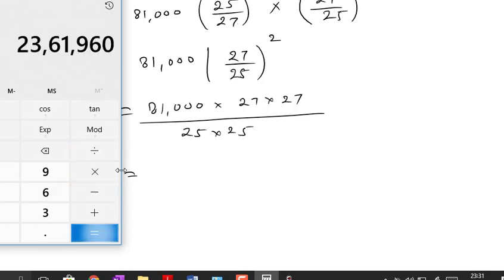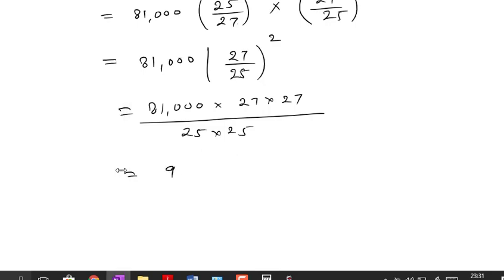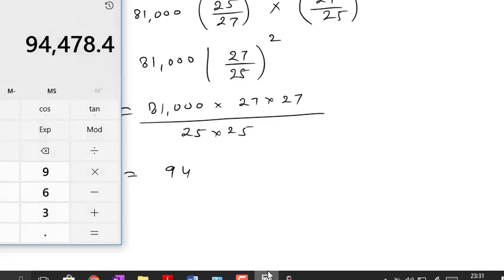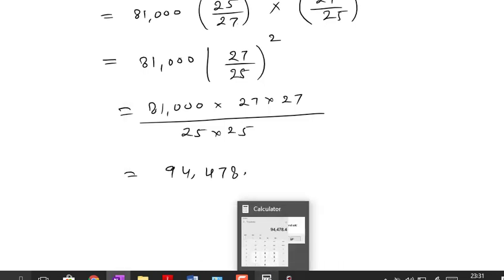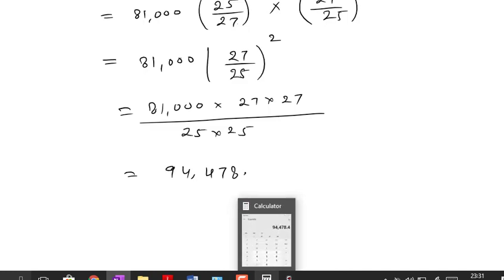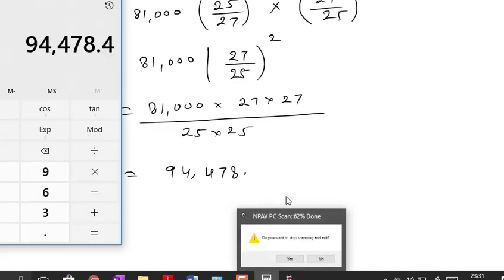Whatever value we get, we divide this again with 25. So this will become 94,478.4.